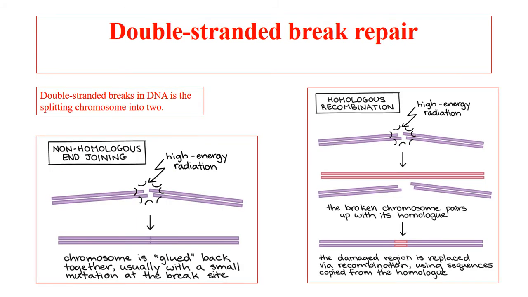And our last type of repair mechanism is double-stranded break repair. Some types of environmental factors, such as high energy radiation, can cause double-stranded breaks in DNA, splitting a chromosome in two.